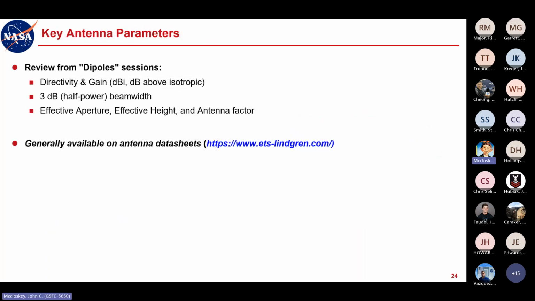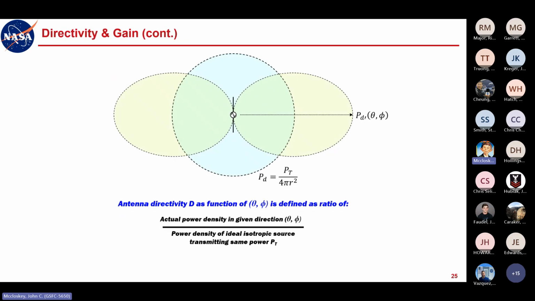I've got a review of antenna parameters here. Again, from before, I can go through this pretty quickly. Just directivity and gain. Directivity as a function of direction, as a function of the theta and phi angles, is defined as the ratio of the actual power density in a given direction to the power density from an ideal isotropic source transmitting the same power.